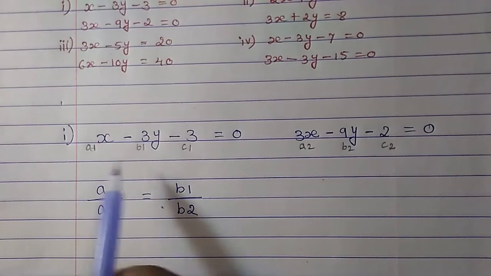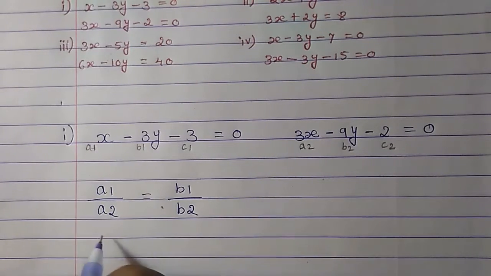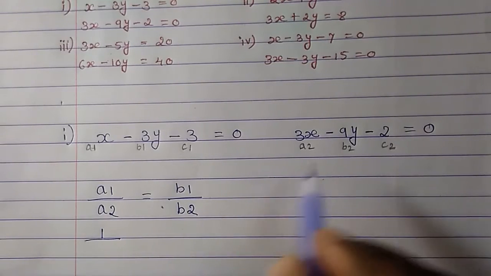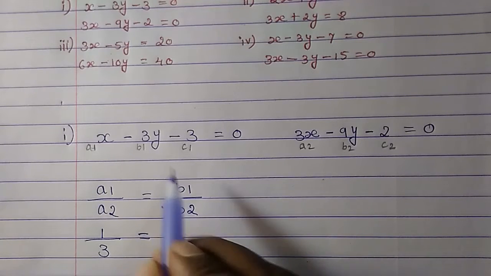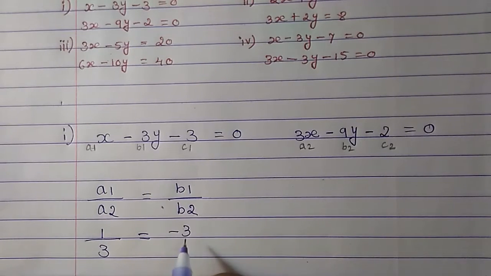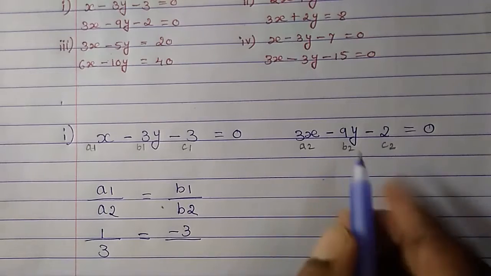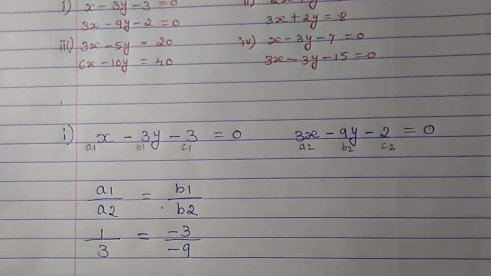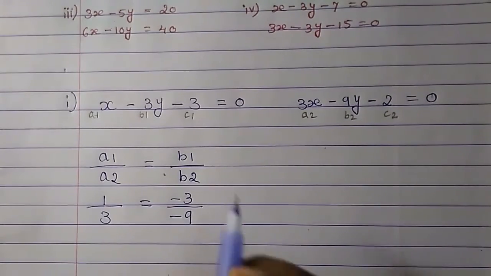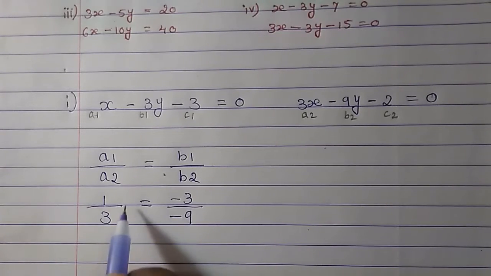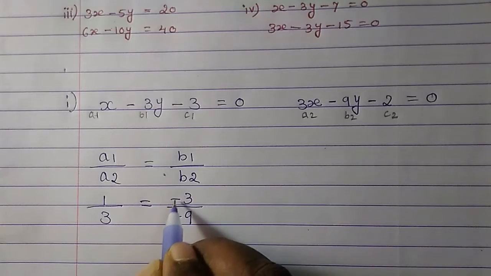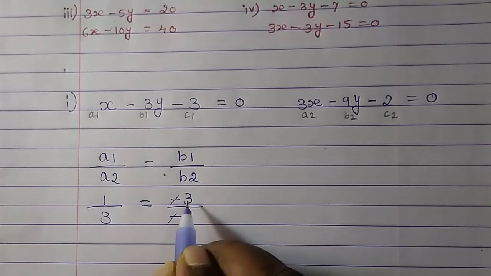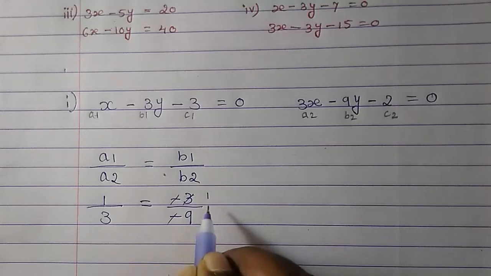Now a1 upon a2, our a1 coefficient is 1 and a2 coefficient is 3, equal to b1 is minus 3 and b2 is minus 9. Okay, so now you see this is 1 upon 3. On both sides minus is there. Let's cancel the minus. Let's simplify this. Three times 3 is 9, it will be 1 times, and here will be 3 times 3 is 9.